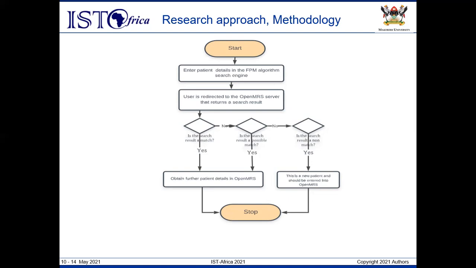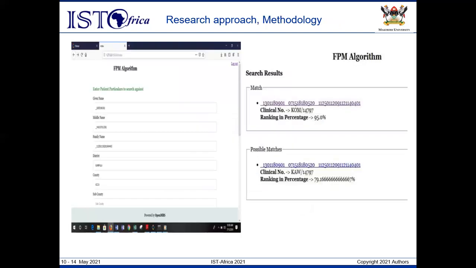But there's also a scenario where the patient may have a match and a possible match, and so the user goes ahead and checks both of them, and then is able to check which of the two is the most recent to inform their decision for prescription, for diagnosis, and for prognosis.